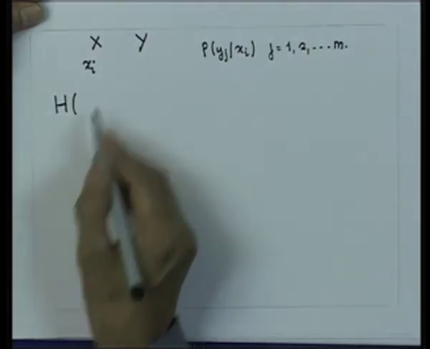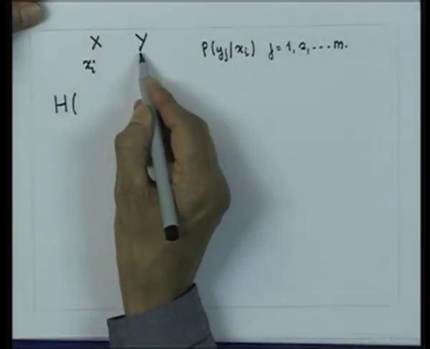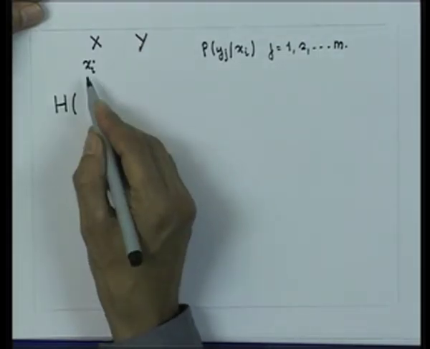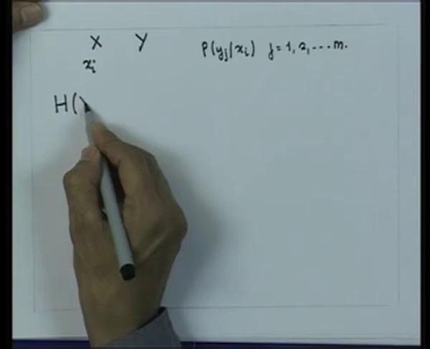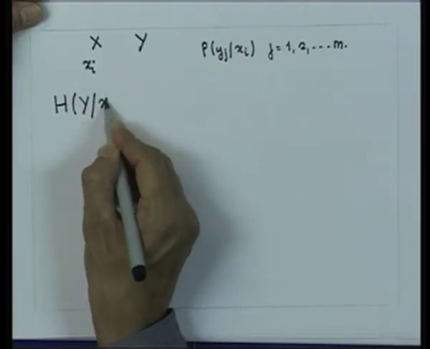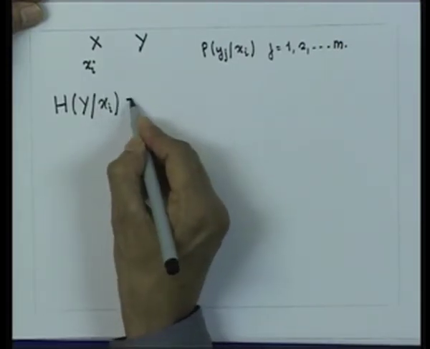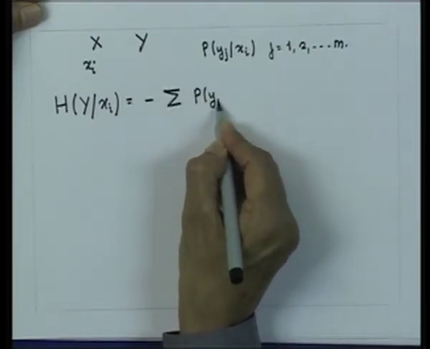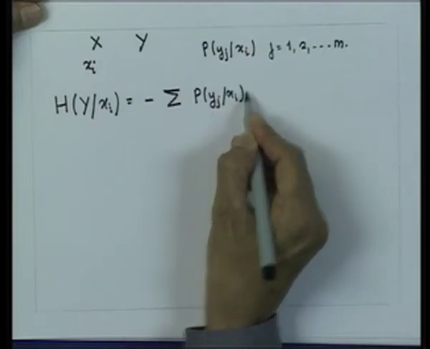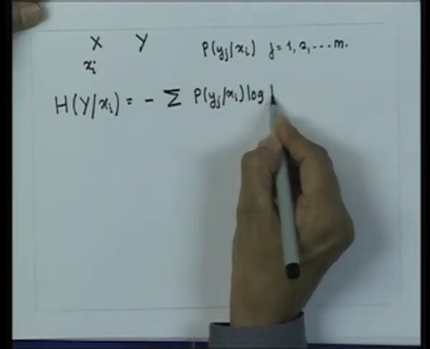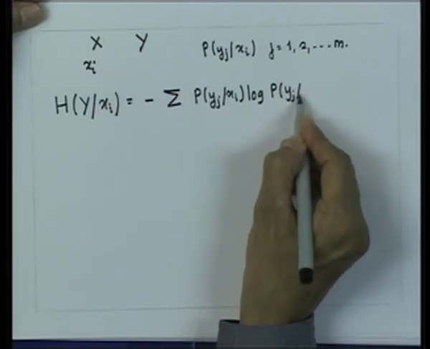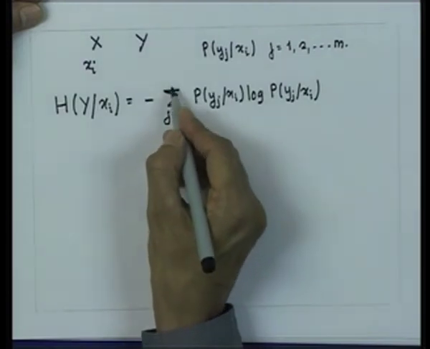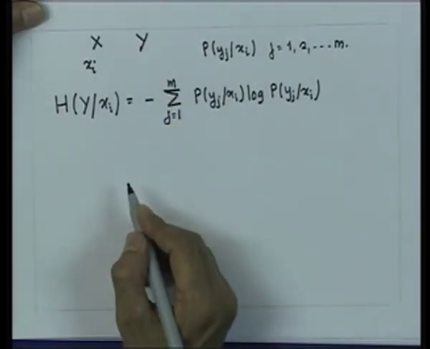By definition, the average information which I will get about the experiment y when xi has occurred is given as H of y given xi, which is nothing but the sum over j equal to 1 to m of probability of yj given xi log of probability of yj given xi.